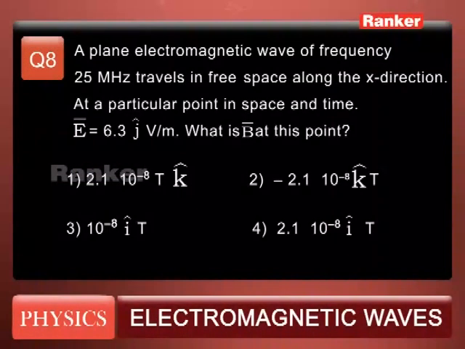Question number 8. A plane electromagnetic wave of frequency 25 MHz travels in free space along the x direction. At a particular point in space, the electric field is given as 6.3 j cap volt per meter. What is B at this point? It is given that the electromagnetic wave is traveling along the positive x direction.